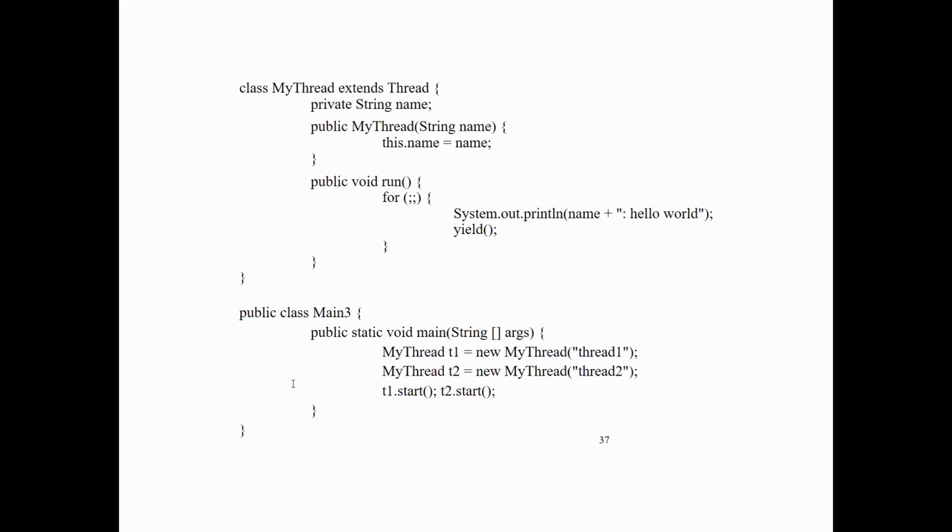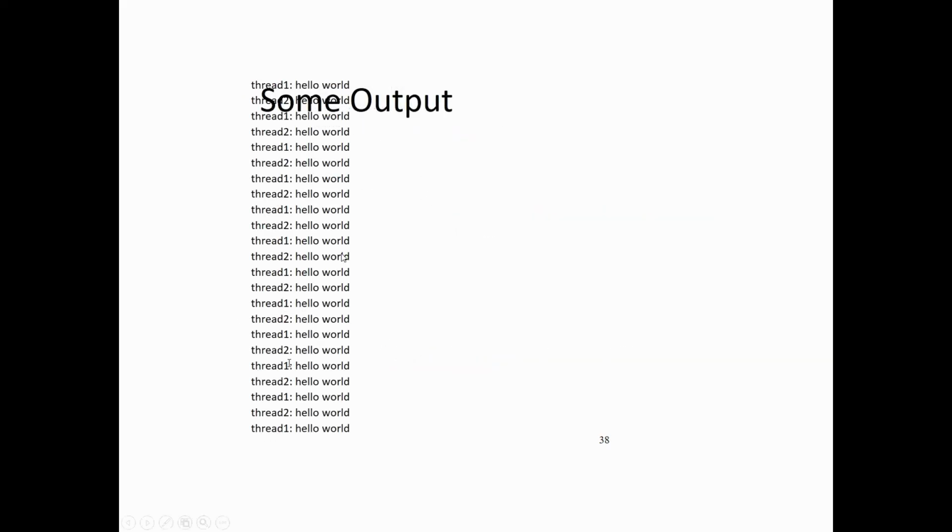So let's look at the example. And you have yield here in all threads, because we have two threads with the yield. So the results will be thread 1, thread 2, thread 1, thread 2, one by one.